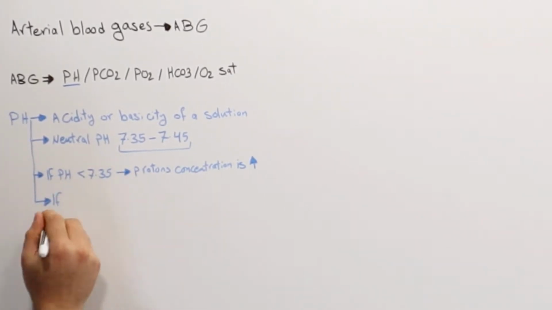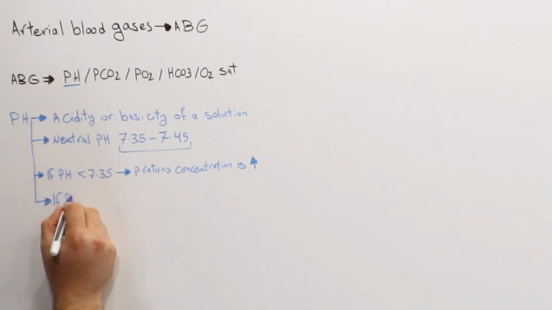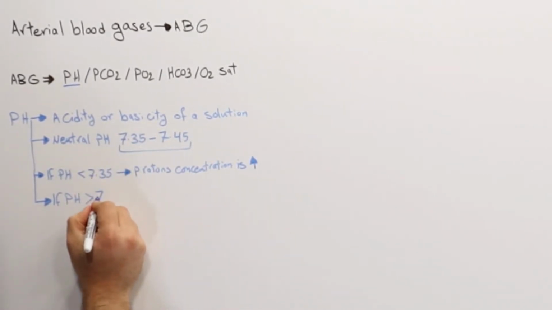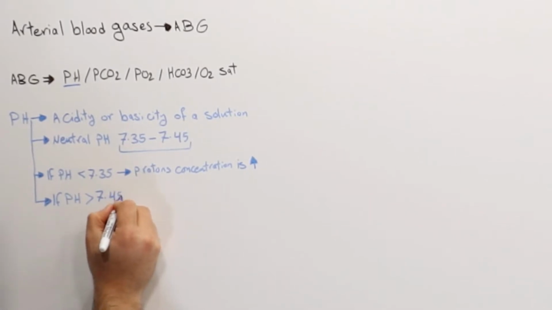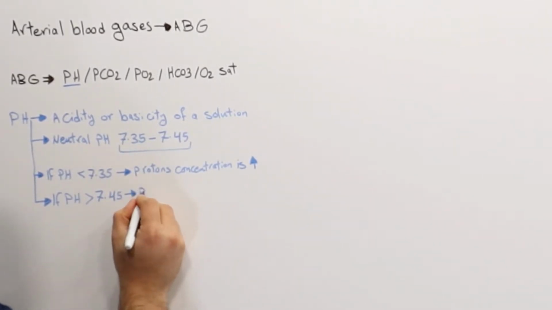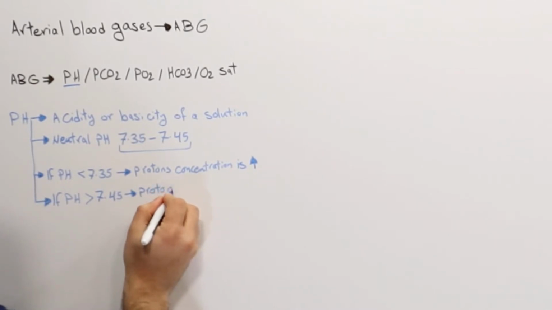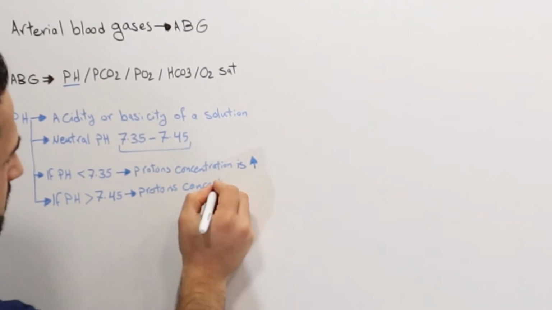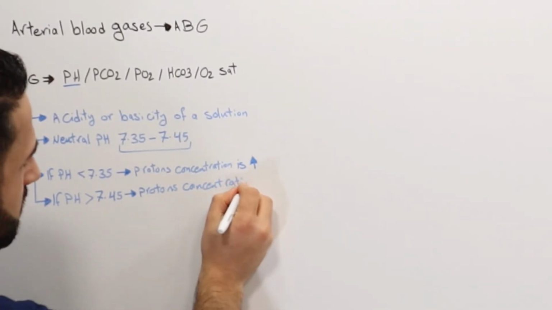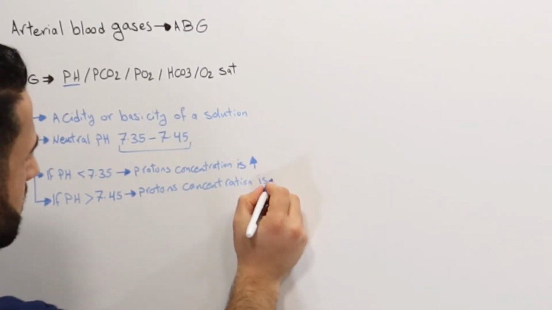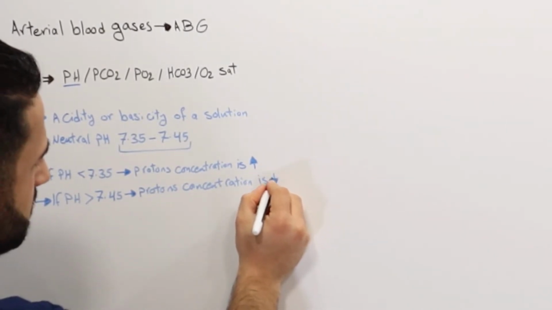If pH is increasing, larger than 7.45, the proton concentration is decreasing.